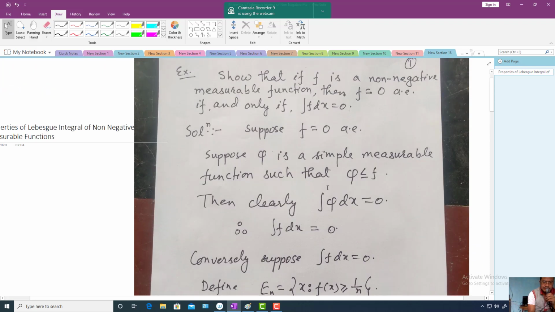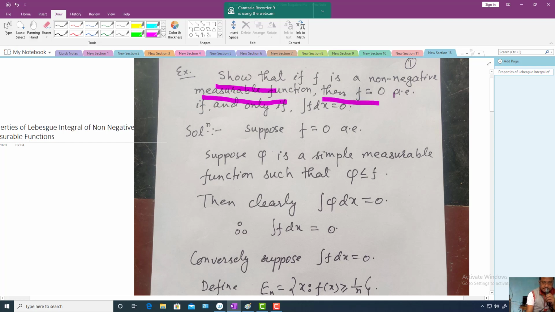So before that, let us do one important example. What does the example say? Let us see, it is very important. If f is a non-negative measurable function, then the function is equal to 0 almost everywhere.